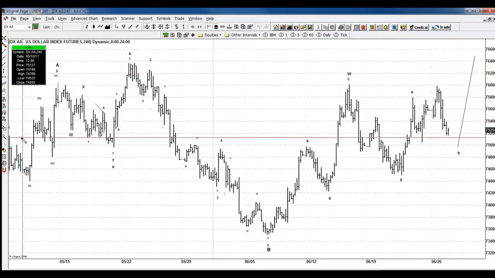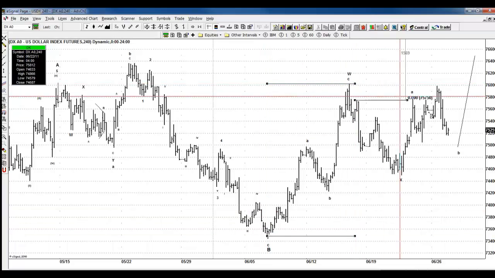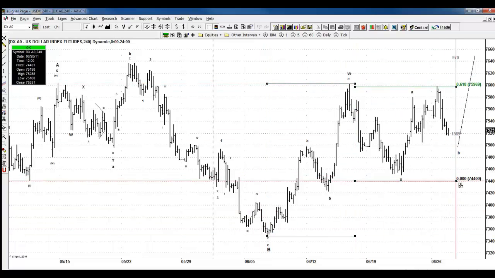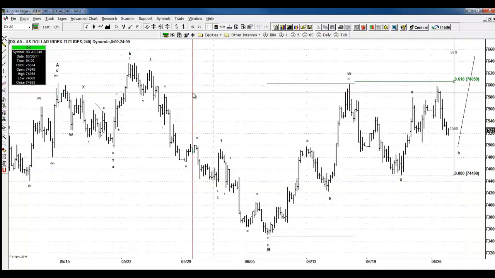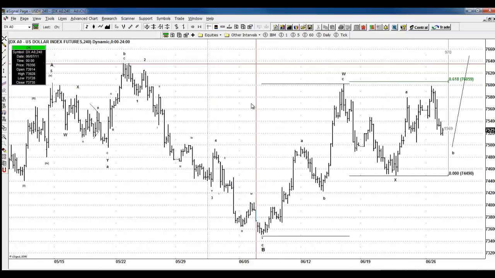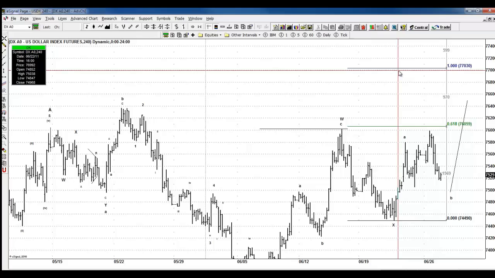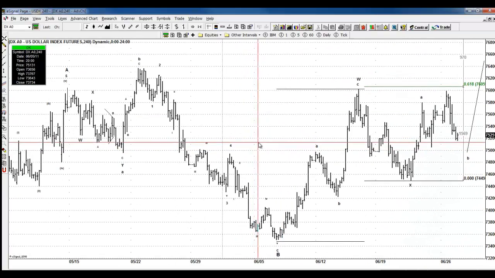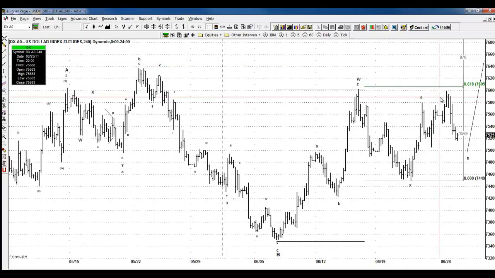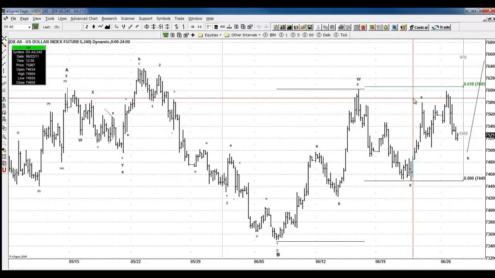So I'm expecting the dollar to reach around the 77 area, before the dollar starts the decline that I'm expecting, 77.03 to be exact. So guys, that's what we see on the dollar. That's why I don't like the triangle in the euro, because the dollar count is denying it.